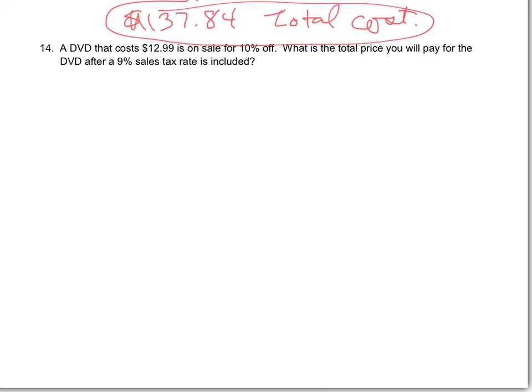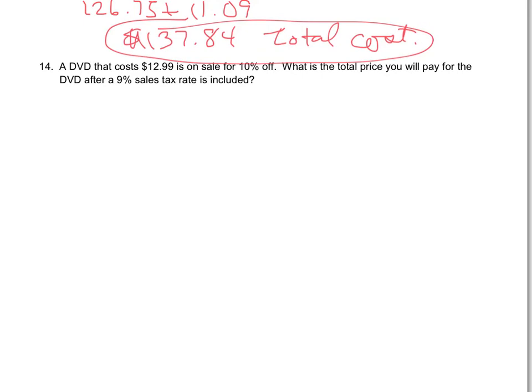Okay, so we start off with our cost, $12.99. Okay. Again, we're going to go ahead and find out what that 10% is. So we make 10% into a decimal by moving it 2 places to the left, which is 0.10. Okay, so go ahead and do that, and I'm going to get 1.299. Okay, and that we're going to round up to 1.30.